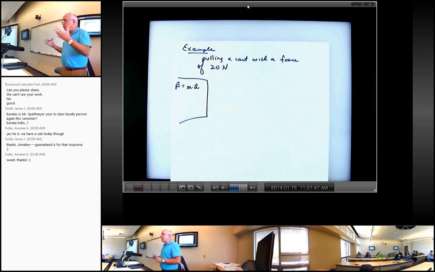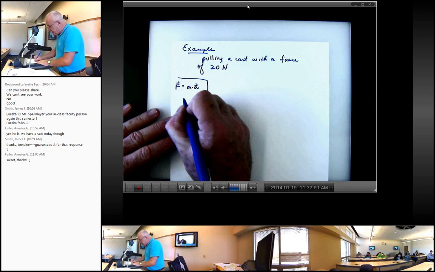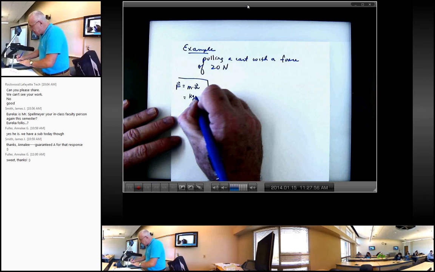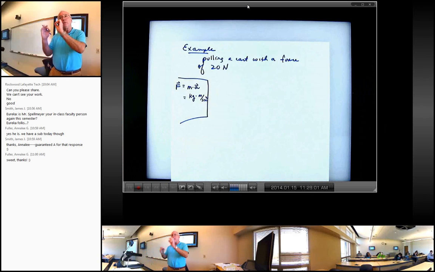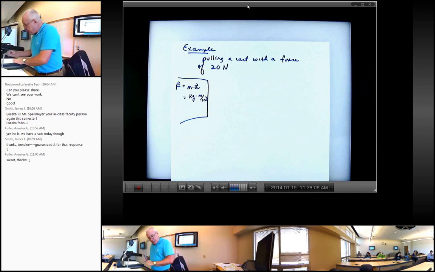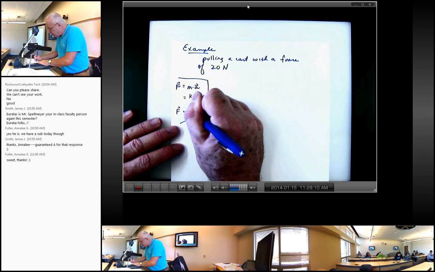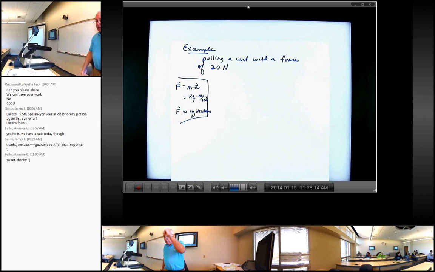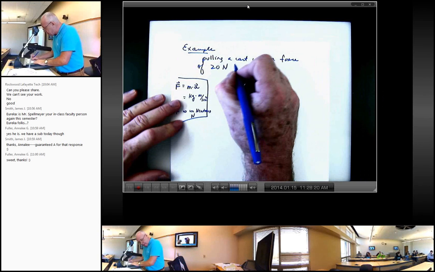That's one of Newton's laws. If our mass is measured in kilograms and our acceleration is measured in meters per second squared, then our force is in newtons, capital N.